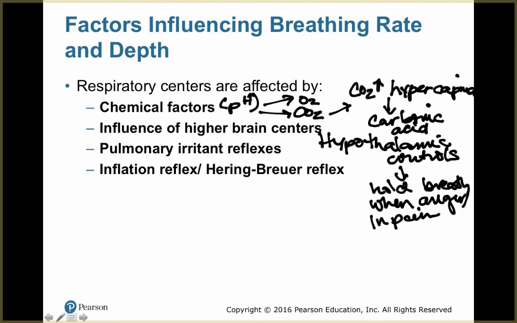You also have cortical controls. So this is the first one, right? But then you also have cortical controls. And so this is the cerebral motor cortex that can bypass the medullary centers.